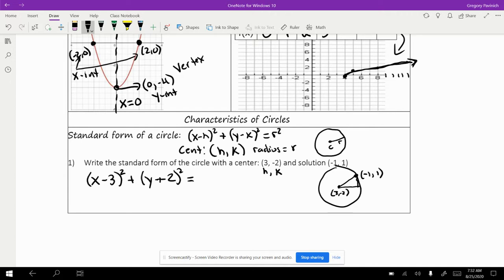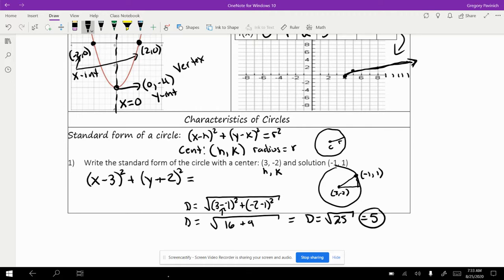So if I look, I can do the distance formula, which is the difference in my x values squared, negative 1 minus 1 squared, plus the difference in my y's, negative 2 minus 1 squared, and get 4 squared from this one, which is 16, get 3 squared plus is 9, get my distance is the square root of 25, which is 5, and I'm going to plug this into my equation, which is r squared.